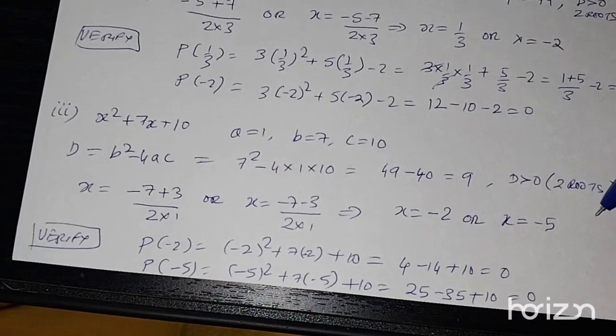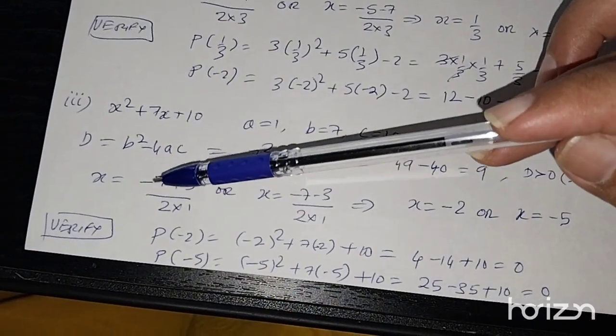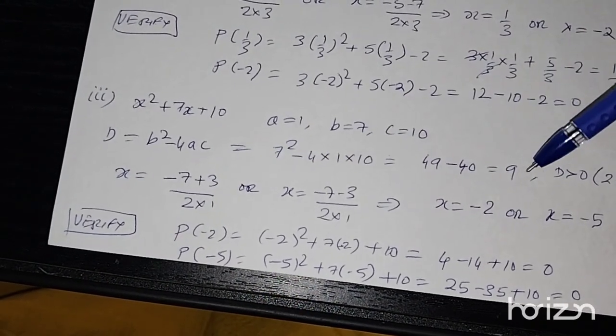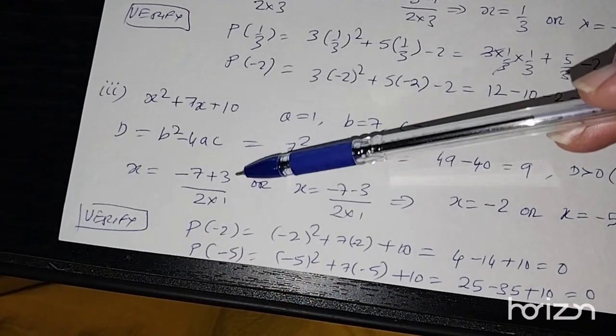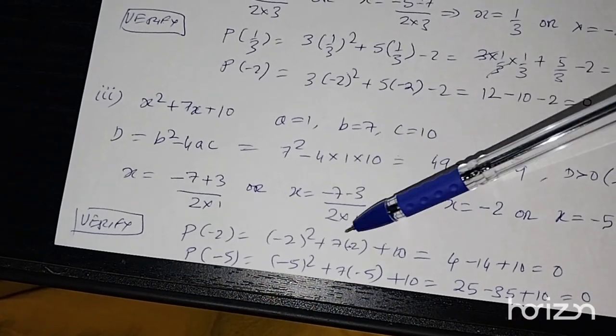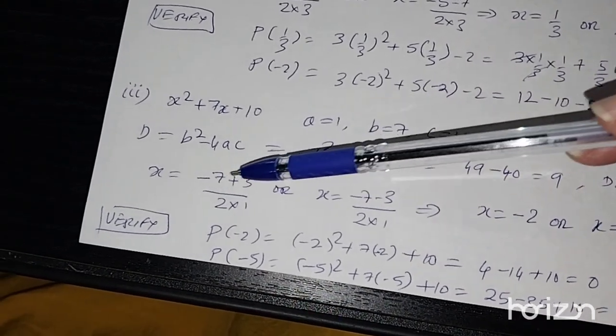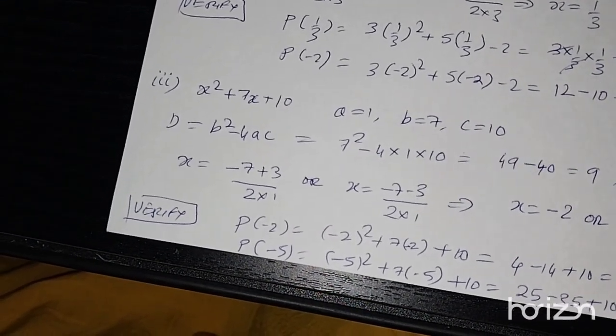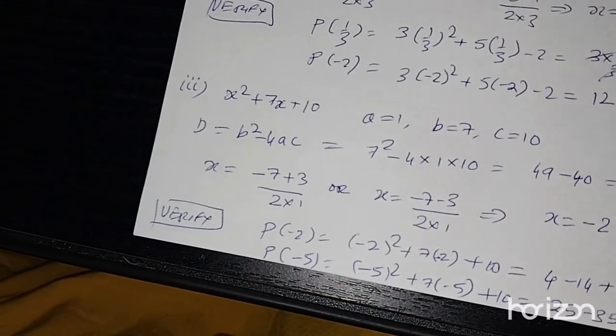Again D is greater than 0, so you'll have two roots. What are the roots? Minus 7 plus square root of D. What is square root of D? Square root of 9, which is 3. So minus 7 plus 3 divided by 2, or minus 7 minus 3 divided by 2. So here you will get minus 4 by 2, that is minus 2. Here you will get minus 10 by 2, which is minus 5. So x is equal to minus 2 or minus 5.